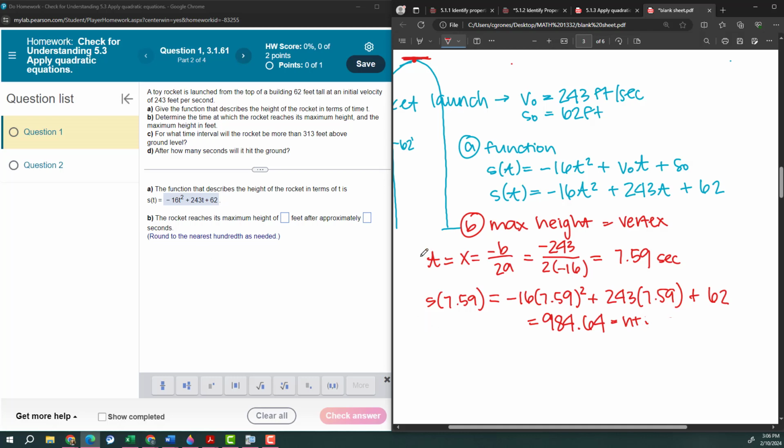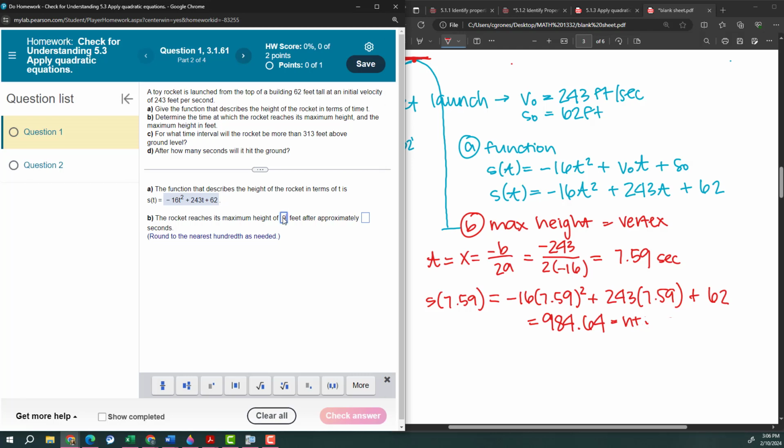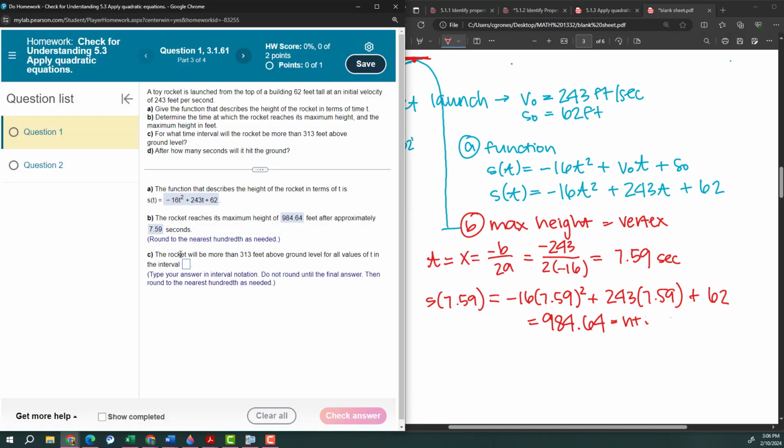So when we are putting these answers in, we have a maximum height of 984.64 after approximately 7.59 seconds. All right. Part C, the rocket will be more than 313 feet above ground level for all values of t in the interval.